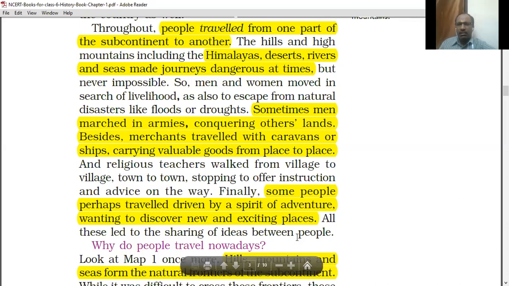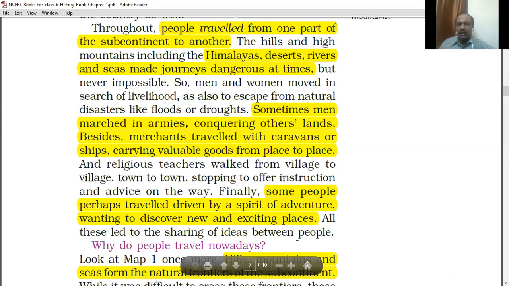Some people perhaps traveled driven by a spirit of adventure. Not only that, they wanted to see new things and explore other places. For that reason also people have traveled. For example, Seleucus Nicator from the Greeks came to India.